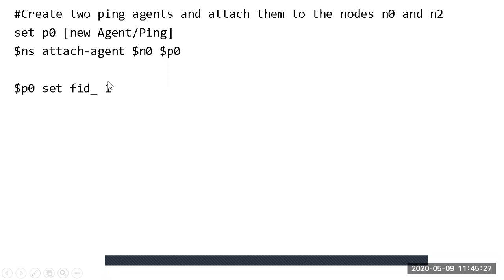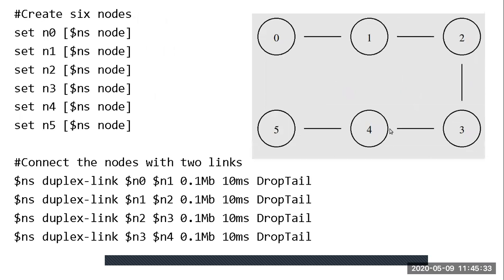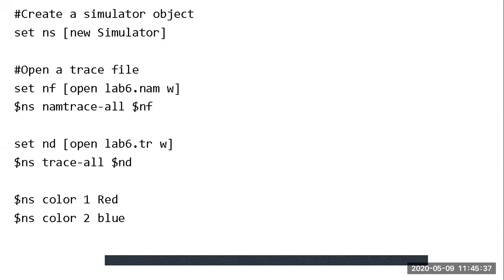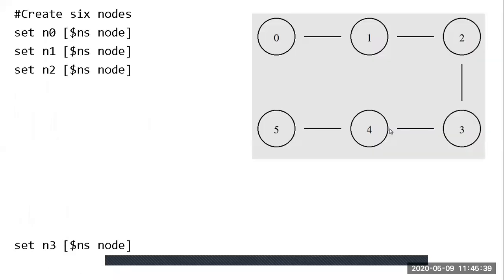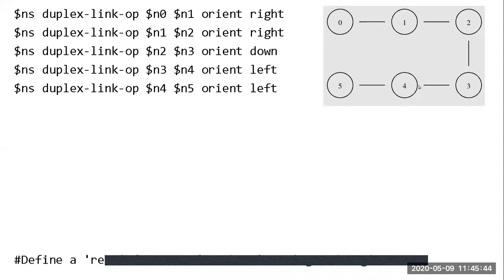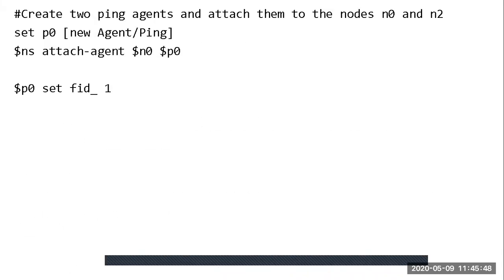Which color did we see earlier for 1? 1 is red, 2 is blue, right? So the same thing: whatever ping message it sends is in the form of red color.